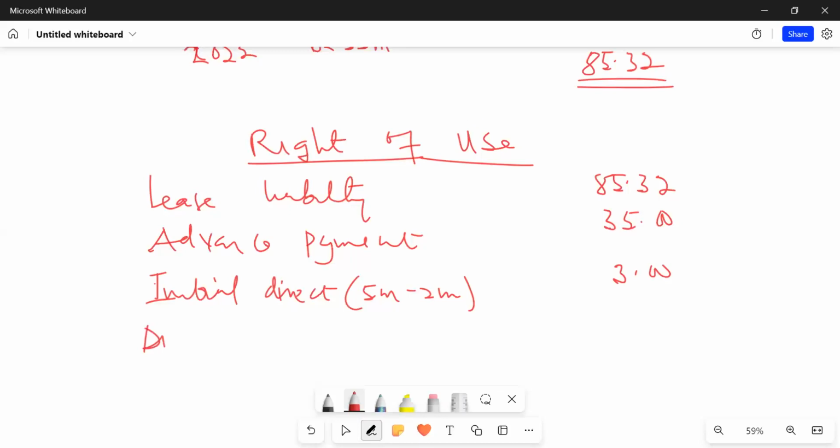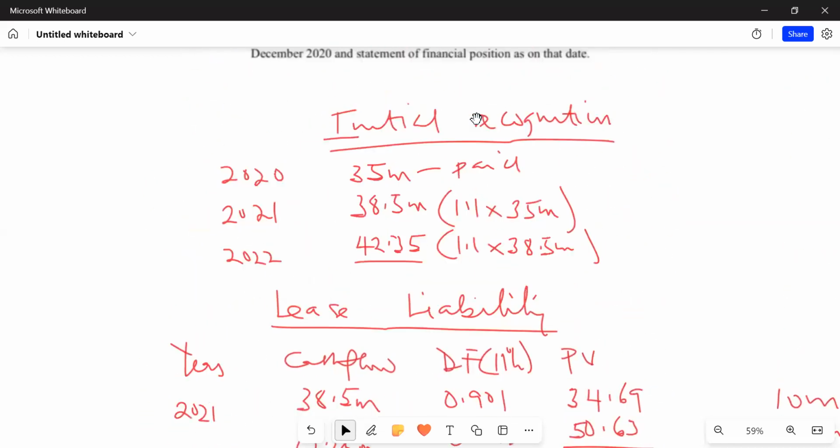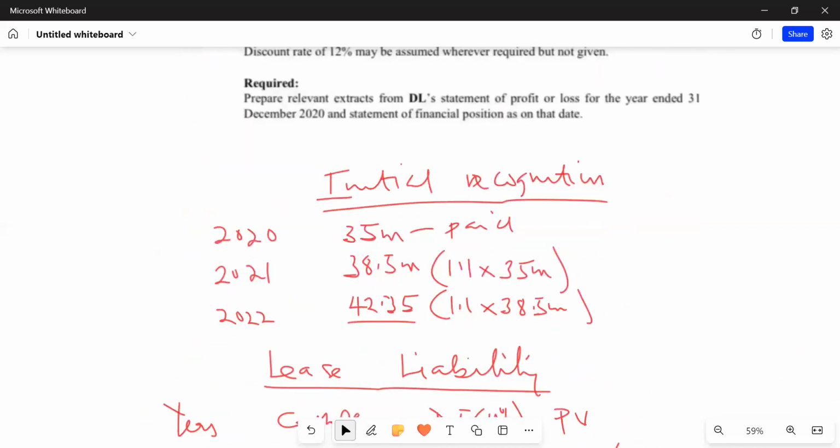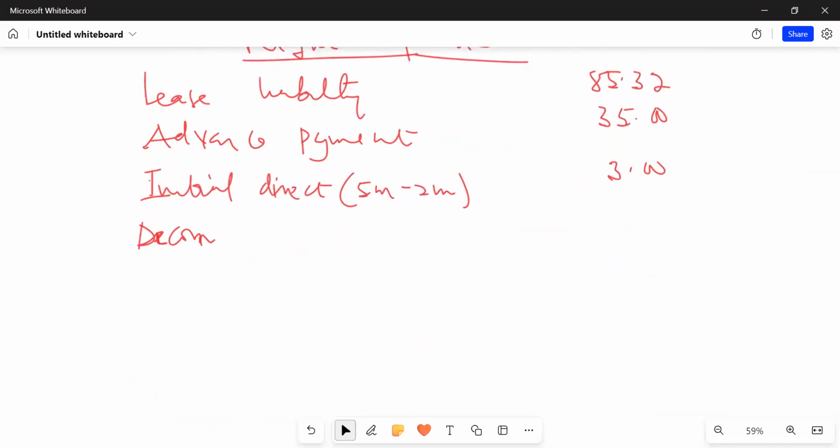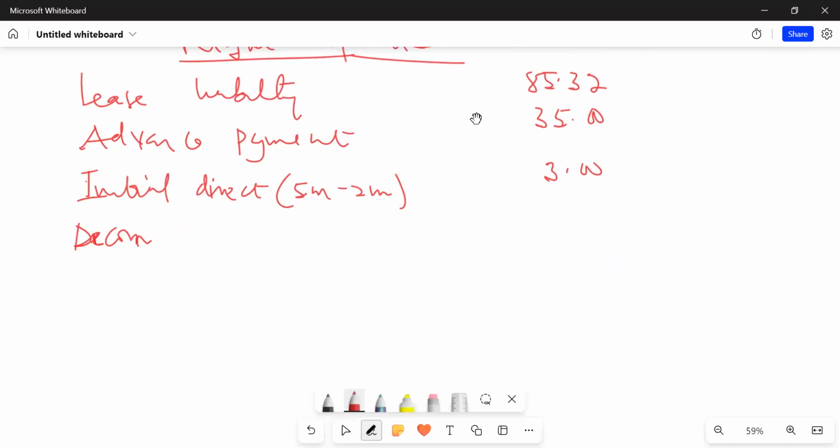This is accounted for in accordance with IAS 37. So the decommissioning cost is accounted for in accordance with 37.